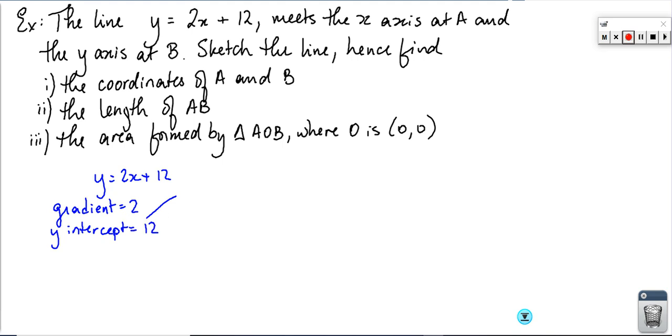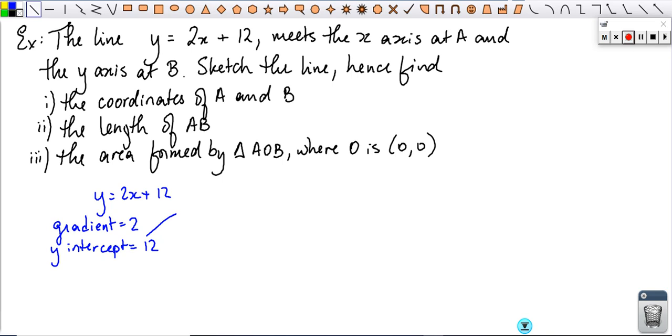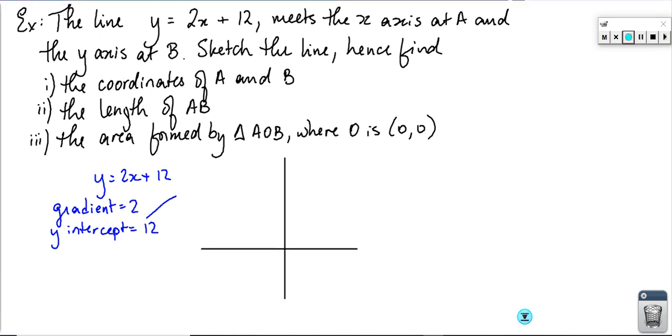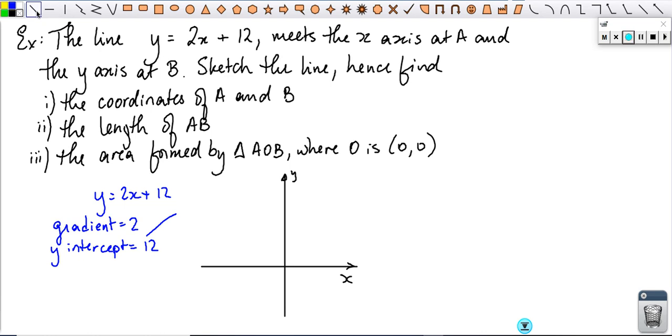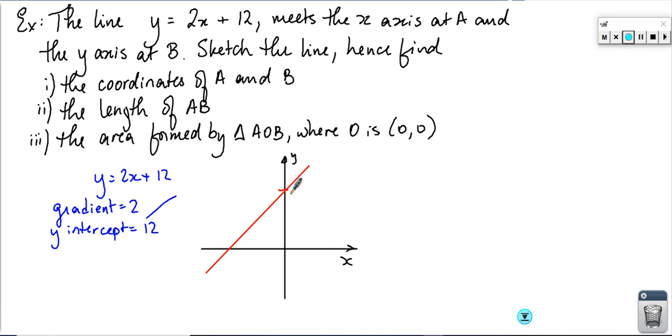So let's start from the sketch. So we have something like this. We have the y-axis, we have the x-axis, and the line goes up, passes from 12. We know that this is 12, okay?